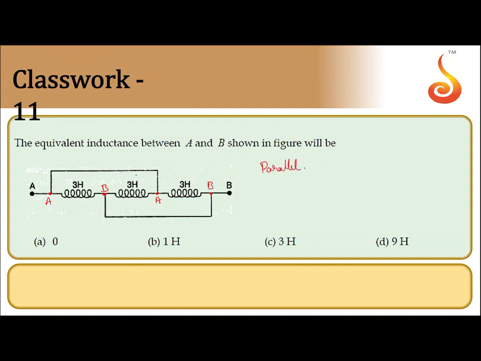When they are in parallel, just like resistors, Rp is equal to R divided by 3. All are identical here. In the same way, Lp should be equal to L divided by 3. L is 3 Henry divided by 3, so it will become 1 Henry. That is option B.